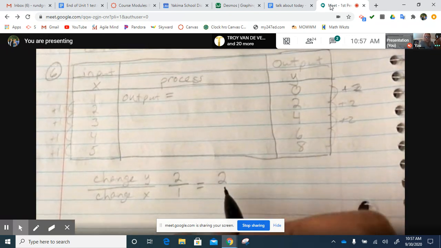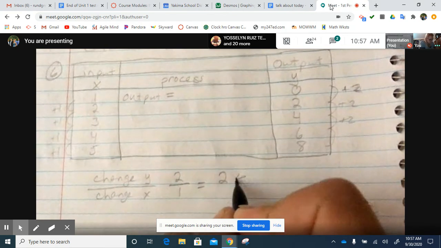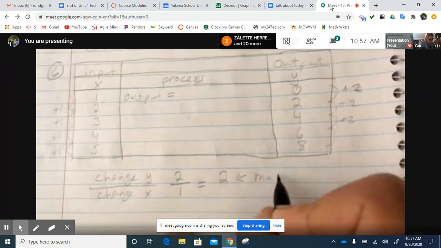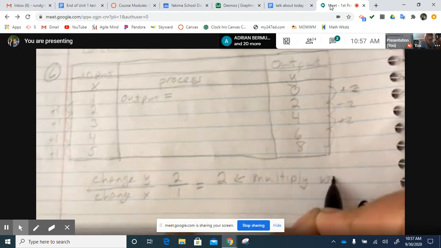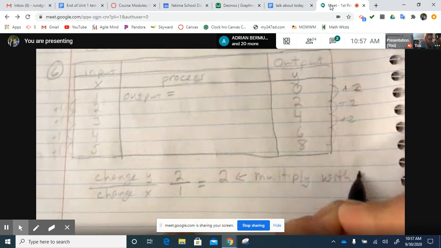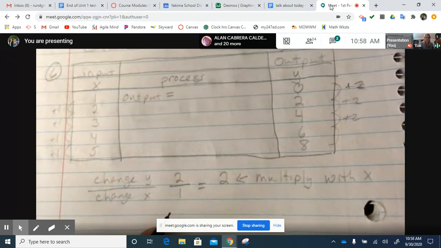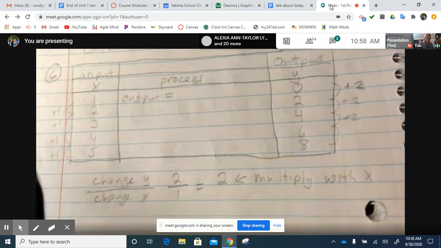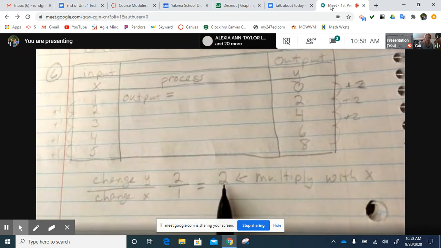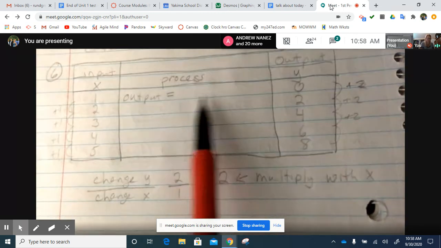And you can take this number and multiply it with x. And it will always be true. You can multiply this change that's happening with x, and then you'll probably have to do something else to make the process complete.